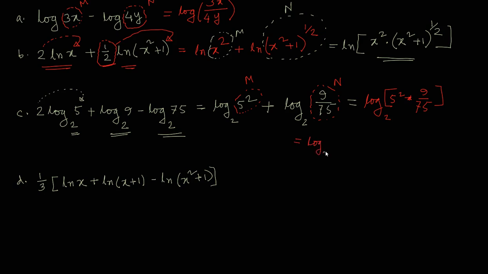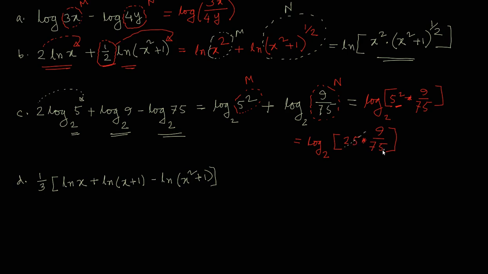So let's simplify. Logarithm base 2. Okay, now 5 square is what? 5 square is 25, and then 9 over 75. Now let's do some problem solving.